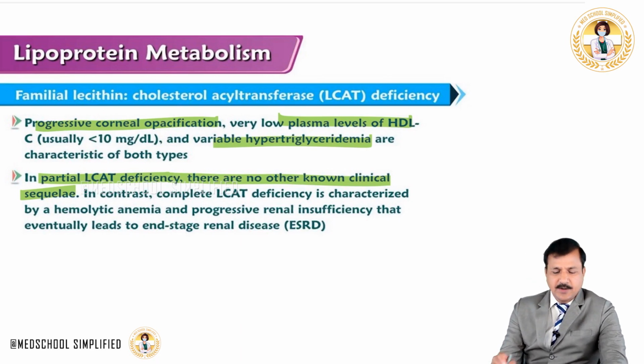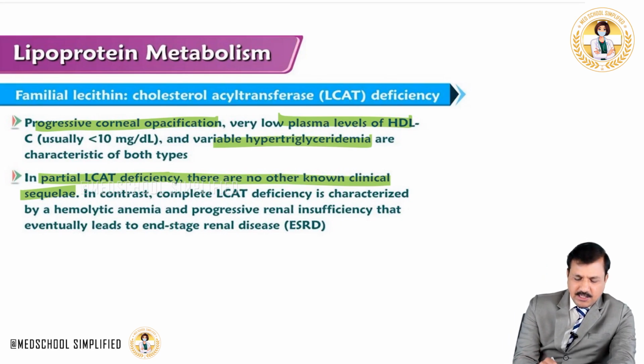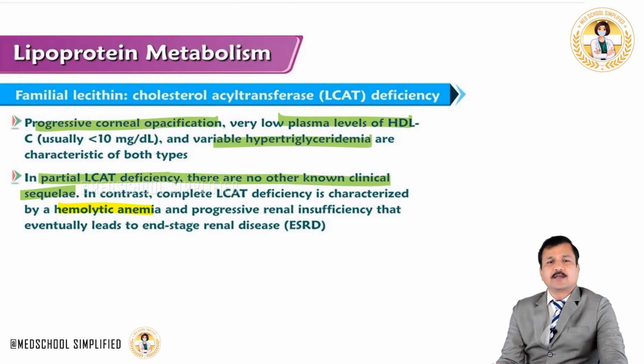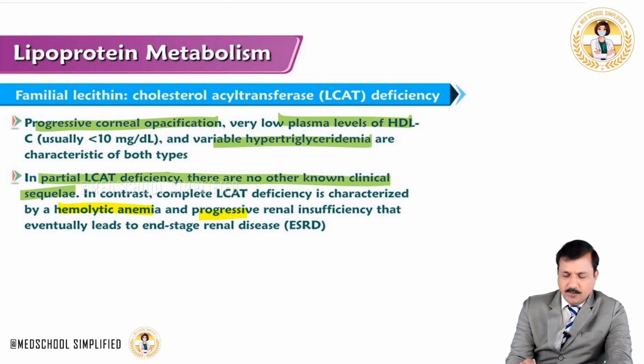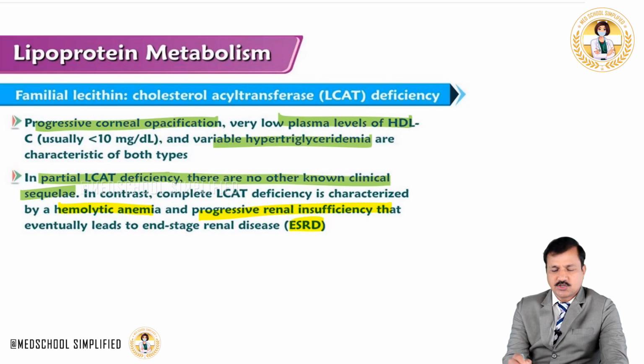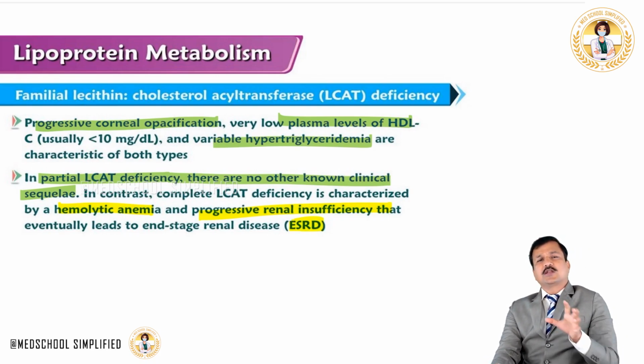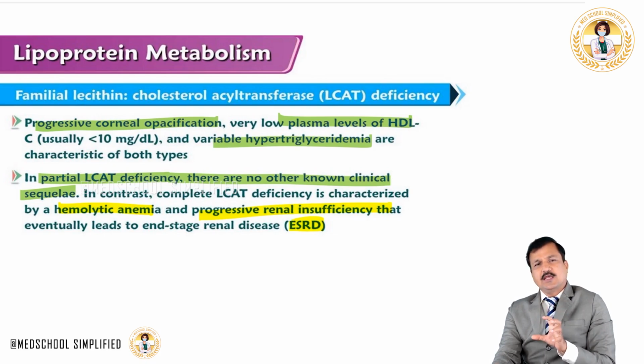Whereas in complete absence of LCAT, or complete LCAT deficiency, additionally the patient will show hemolytic anemia and progressive renal insufficiency, which will eventually lead to end stage renal disease. These are the additional signs that you see in complete LCAT deficiency.